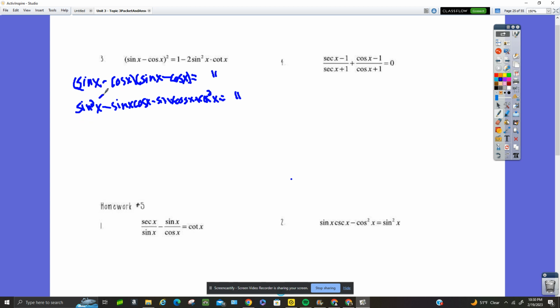And then if I combine these two things here, I get 1. Sine squared plus cosine squared is 1. And then combine these two is minus 2 sine x cosine x.